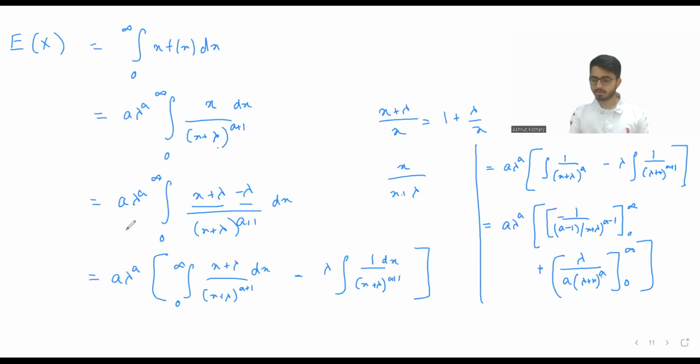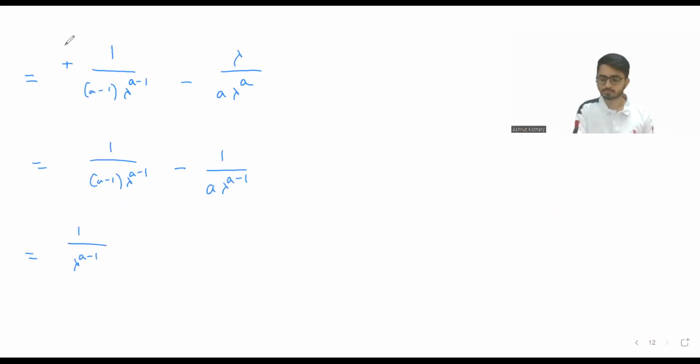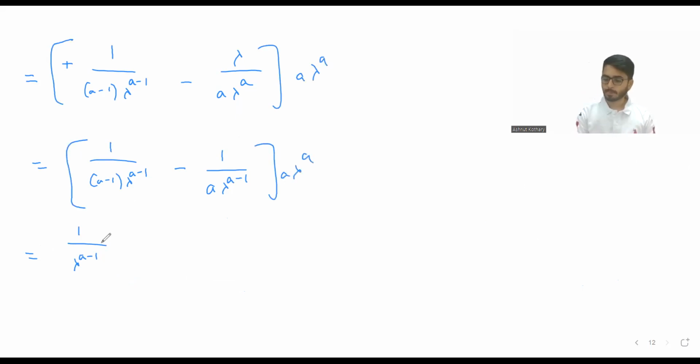I missed one thing. There is an alpha lambda to the power alpha outside as well. So if I multiply this, the first term will come out to be lambda by alpha minus 1. The next term will come out to be just lambda.